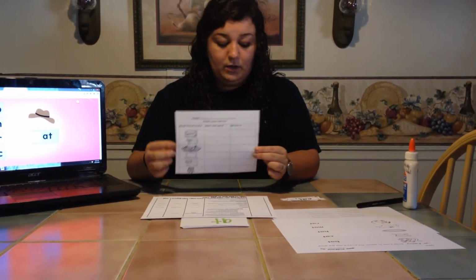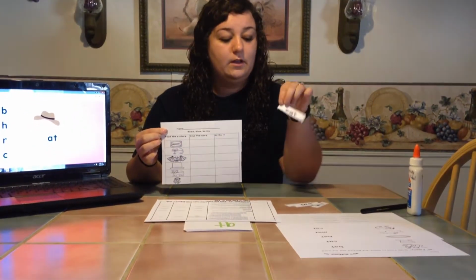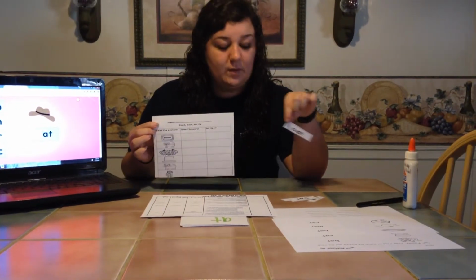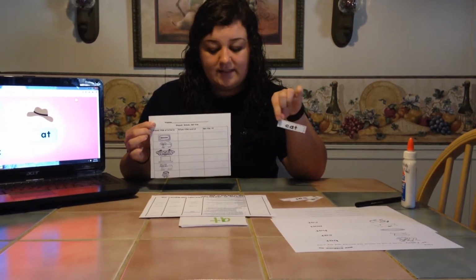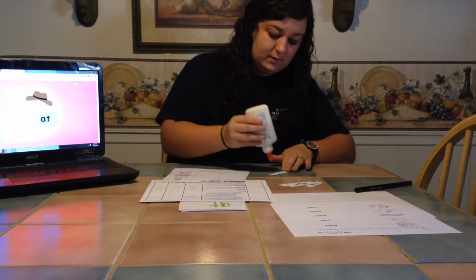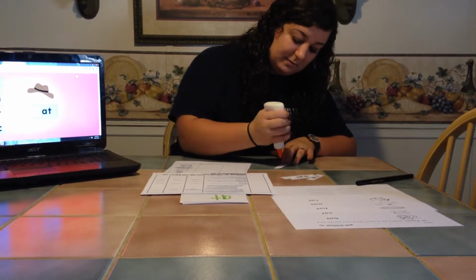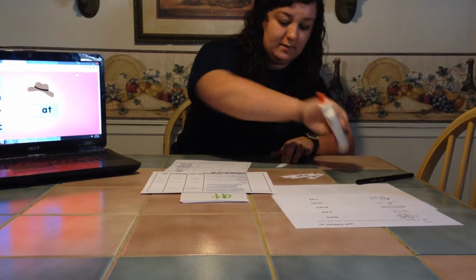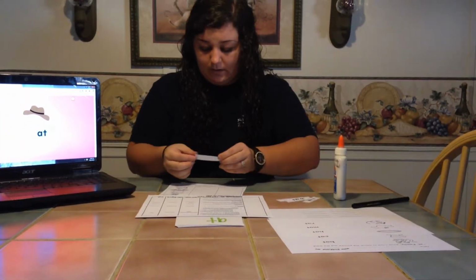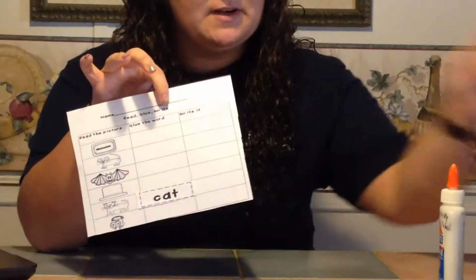To begin, you would take your first word in your stack and they would figure out what the word is, and hopefully they would be able to sound it out. At, cat. And the first person would glue the word to the piece of paper beside its picture, and the next person in the pair would write the word in the write it column.